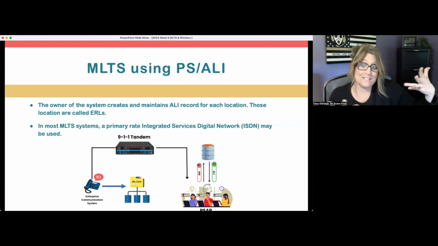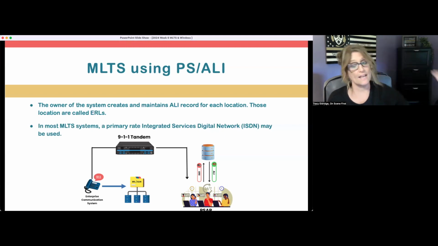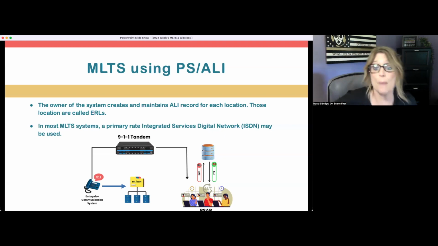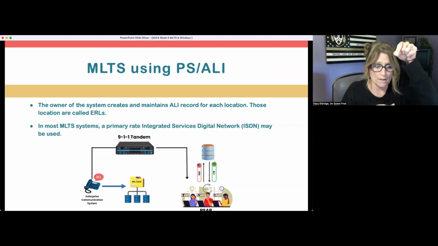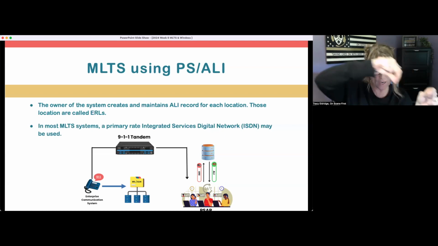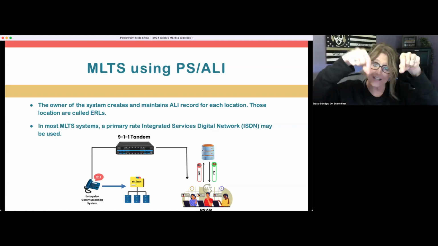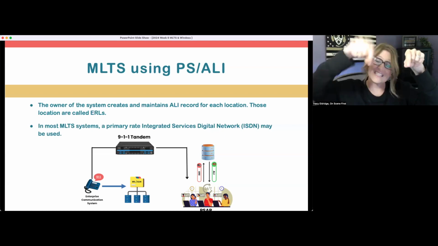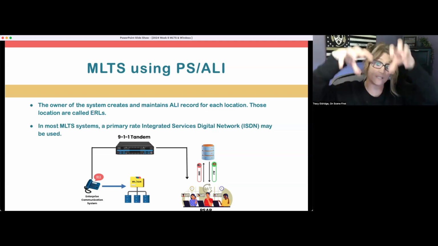So this is the way I visualize it, right? As soon as the 911 call is placed, it goes into its own filing system that's maintained by the owner of the system. It says this phone number is associated with this ELIN. So we're going to send, attached to this ELIN, this specific location, Tracy's office.